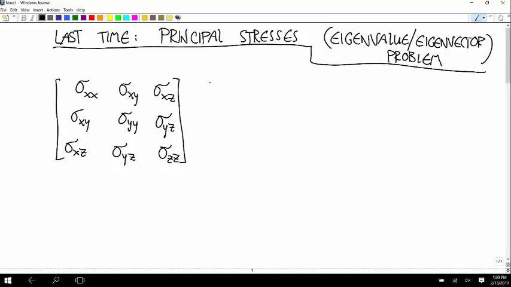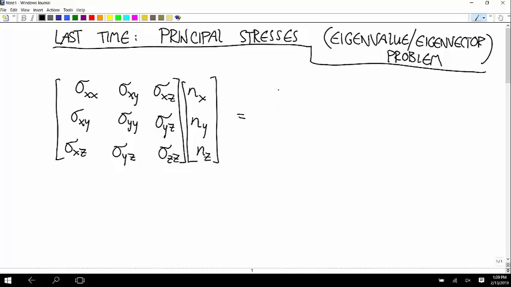If we multiply the stress tensor by an outward facing unit vector, that gives us the traction on that face, the face defined by that outward facing normal. We're looking for the particular face where the traction is normal to the face, in other words, there are no shear stresses.